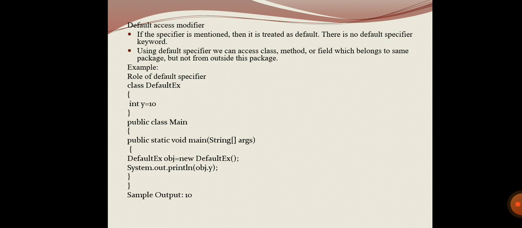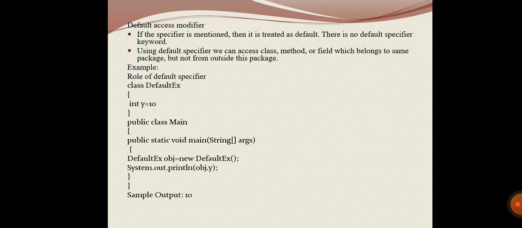Next one is the default access specifier. In this case, it is not mentioned whether it is public or private or protected. If it is not mentioned, then we can say it is default. Using this access specifier, we can access the class, method or field belonging to the same package but not outside this package.